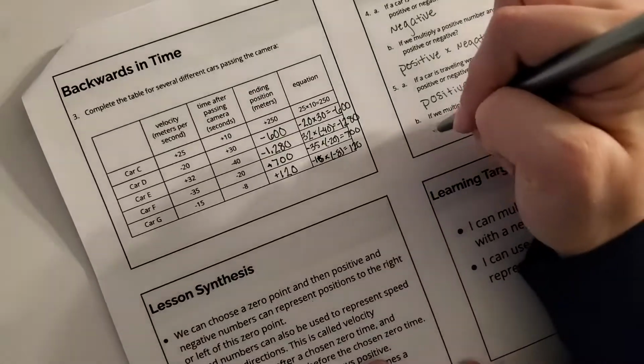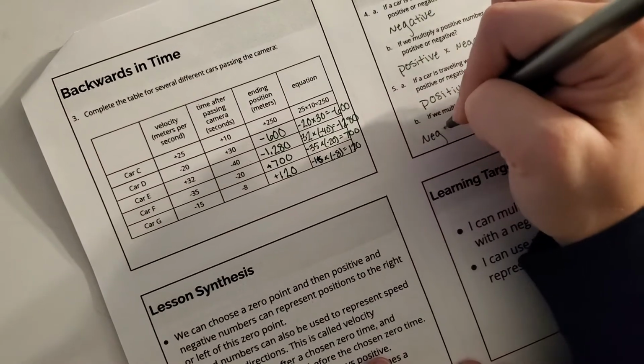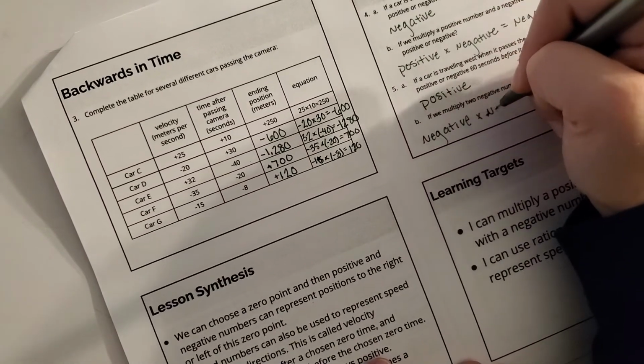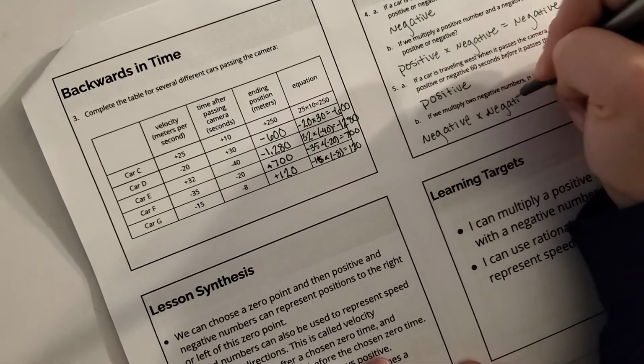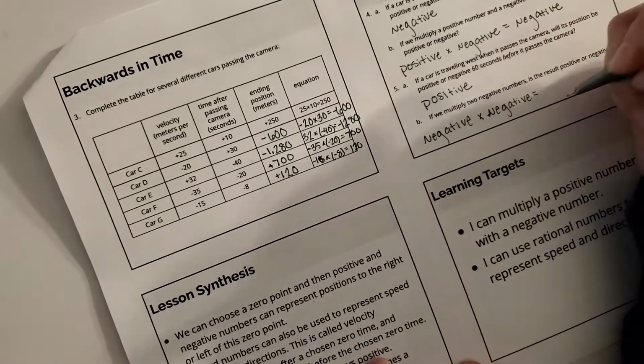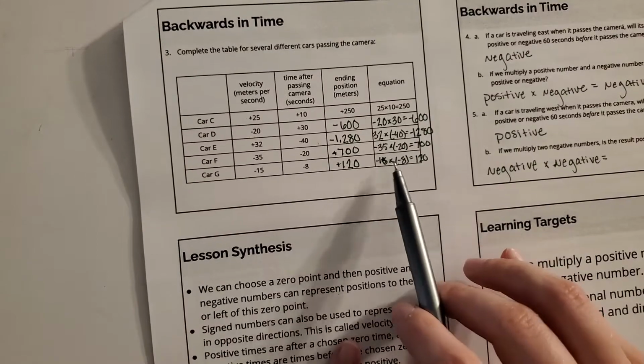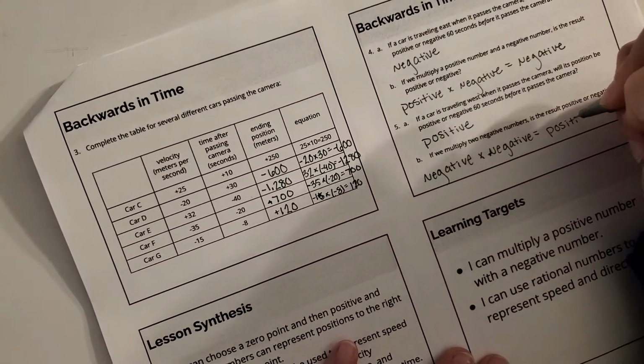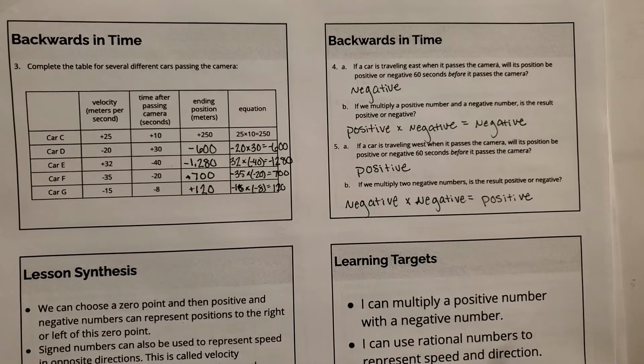And now, last, if we multiply two negative numbers together, our result, like the last two, is actually going to be positive. All right.